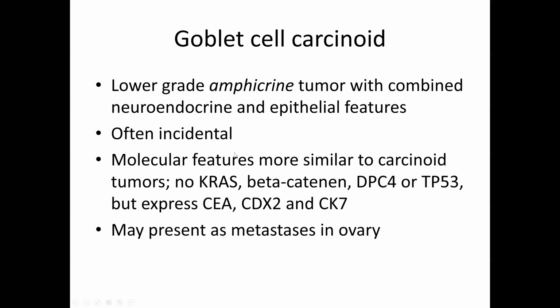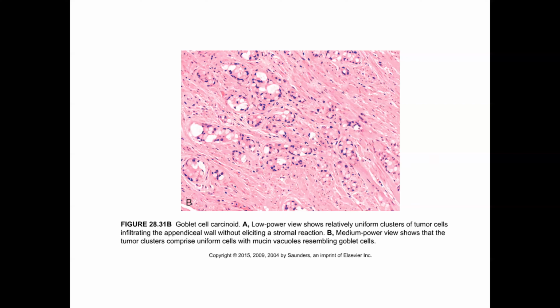So even though you see mucin production or goblet cells, or maybe even signet ring cells, these typically have gastrointestinal type markers, CDX2, CEA, maybe CK7. These lesions can metastasize. This is not a totally benign disease by any means. And it's the beginnings of a topic that is evolving in the literature.